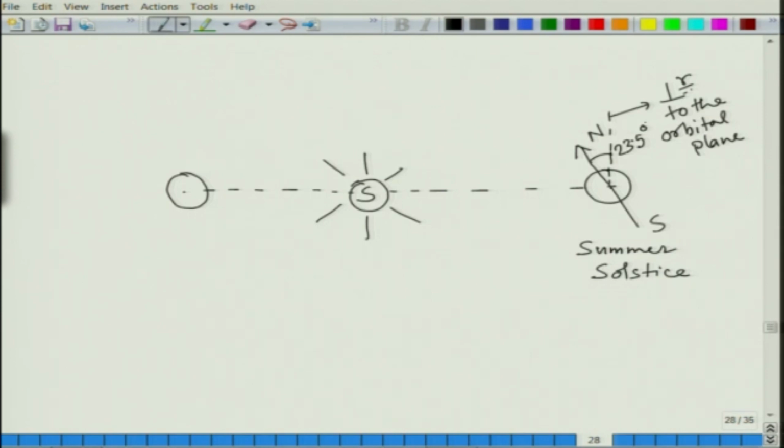Similarly, the tilting angle does not change; it is again approximately 23.5 degrees. Again, we will see the exact value of it in a bit. So, this is the winter solstice.